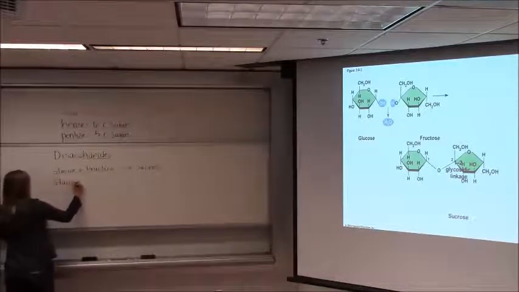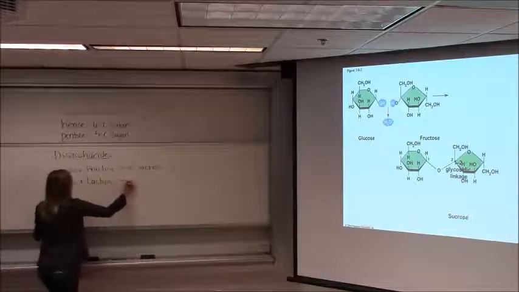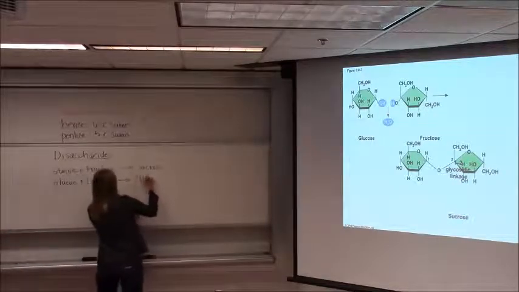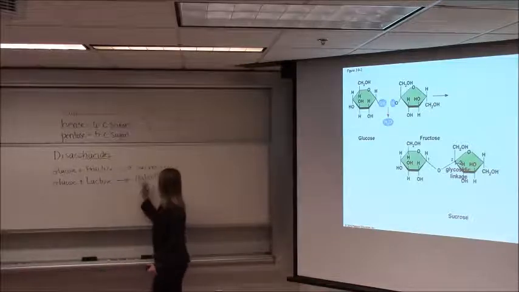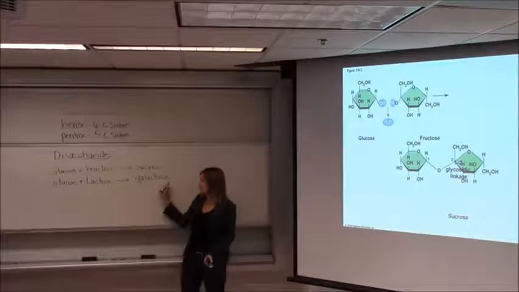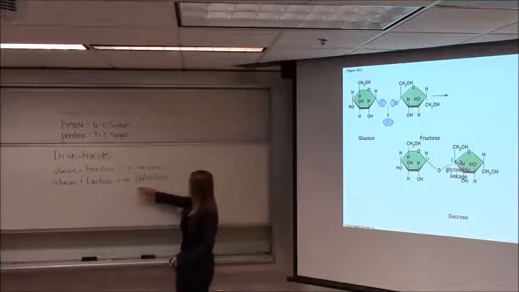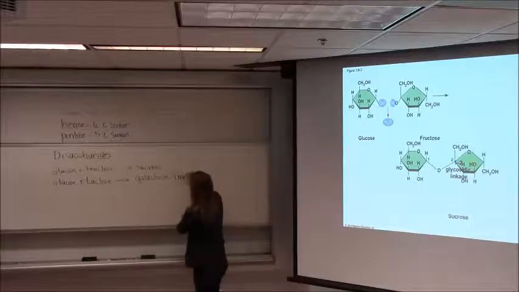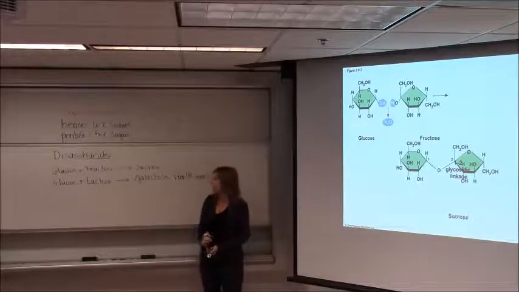Okay, the next disaccharide, glucose plus galactose, is going to give us a disaccharide called lactose. The word lactose is in the sugar to help you remember which sugar pairs with glucose. This is milk sugar. I'm sure you've heard of lactose intolerance.